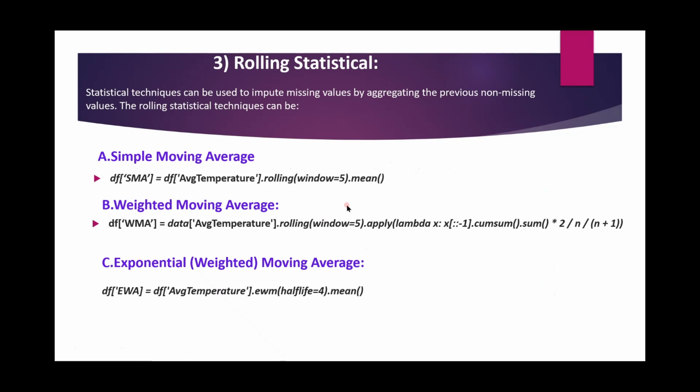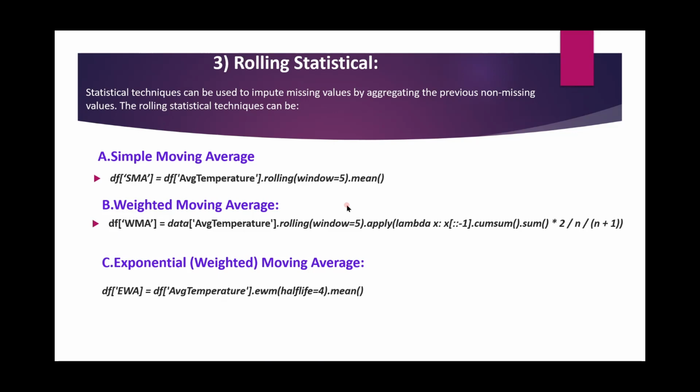The third method is rolling statistical. Statistical techniques can be used to impute missing values by aggregating the previous non-missing values. It can be done in 3 ways: simple moving average, weighted moving average, exponential moving average. I have provided 3 different syntaxes. You can use any of these. Here I am using the mean function.